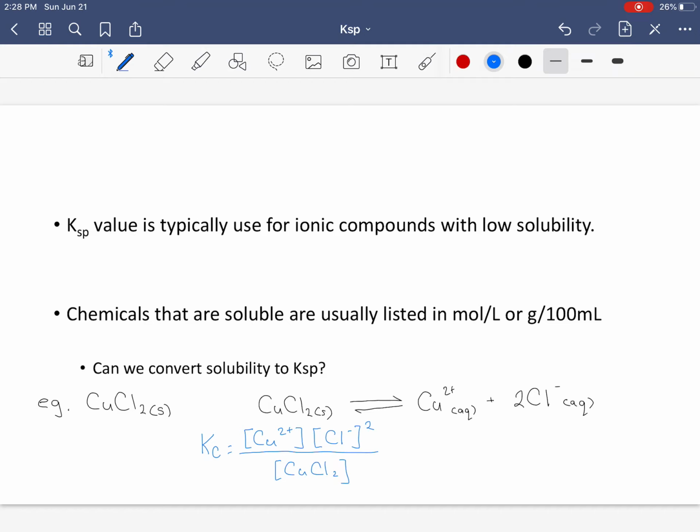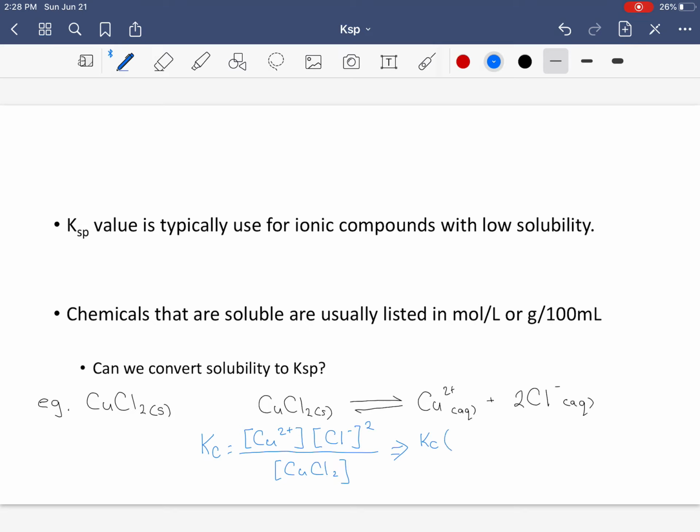And what a Ksp expression is, okay, is the equilibrium constant as a product with the solute. So what that means is that we might want to move this to the side, because that's what Ksp means. So let me just do that for you.